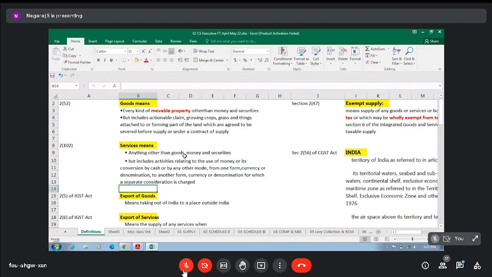Yes, sir. You are not transferring the title, only giving the enjoyment of the right. If you take a rented house, will you take it for granted that it is your house? No, only for a temporary purpose you are taking it.